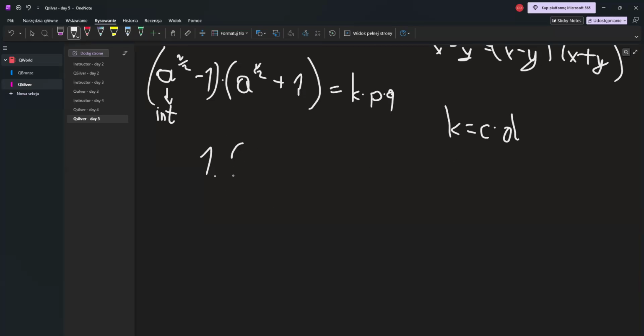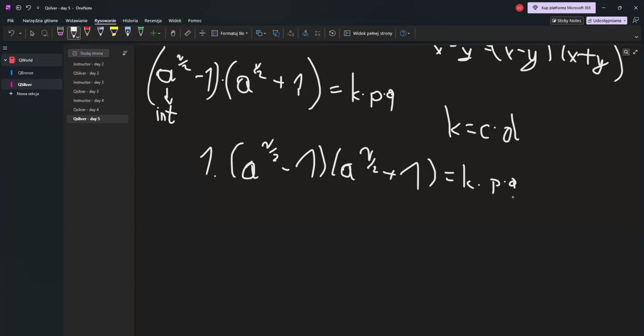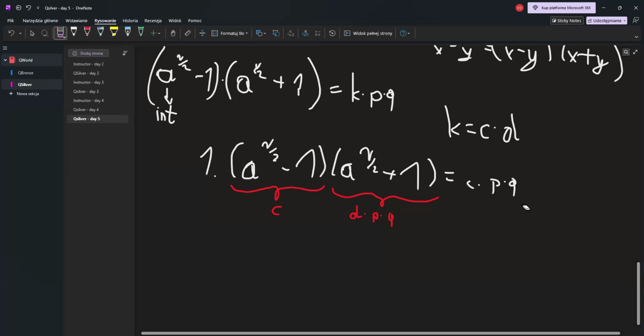The first possibility is that we have a to the power of r divided by 2 minus 1 times a to the power of r divided by 2 plus 1, which is equal to k times p times q, where this is c and this is d times p times q. Maybe to make it clear, I will write here cd, cd.